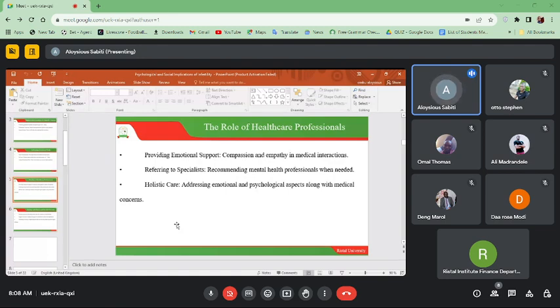So you should be able to handle these things as dual care, meaning holistic, you're handling all their concerns at once. You don't only handle one issue and then leave the other. Your client will feel that they have not been helped at all. So in this case, you should be able to address the issues as a whole. What the client faces, whether emotional, psychological or medical, you should be able to handle them holistically.